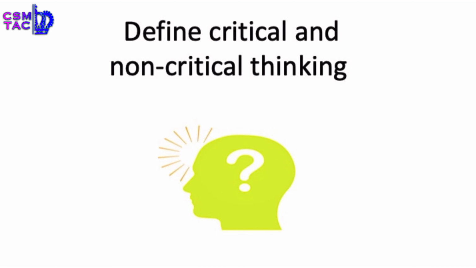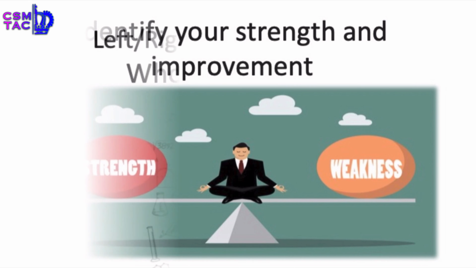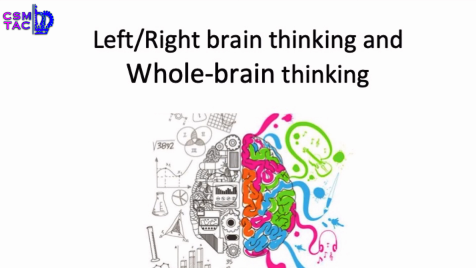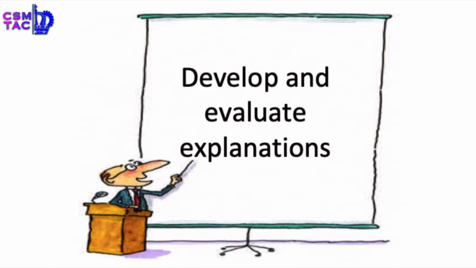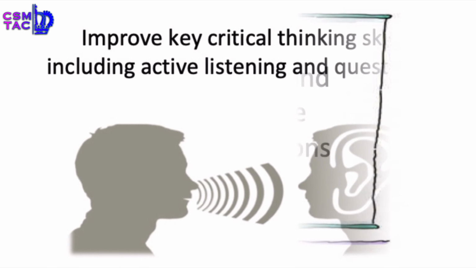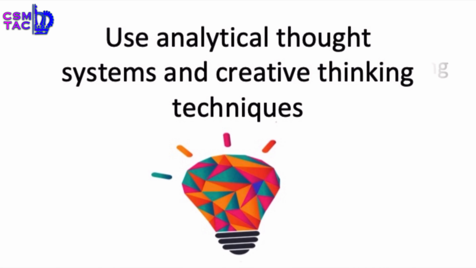By the end of this course, you will be able to define critical and non-critical thinking, identify your critical thinking styles, including areas of strength and improvement, describe other thinking styles, including left or right brain thinking and whole brain thinking, work through the critical thinking process to build or analyze arguments, develop and evaluate explanations, improve key critical thinking skills, including active listening and questioning, use analytical thought systems and creative thinking techniques, prepare and present powerful arguments.